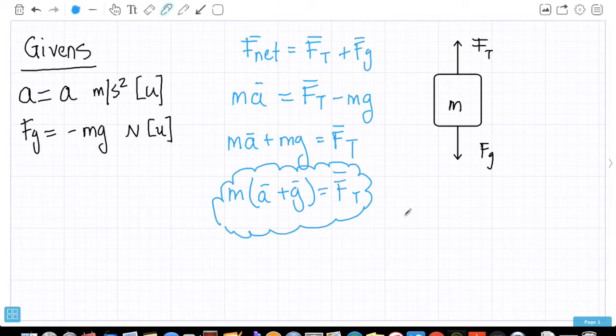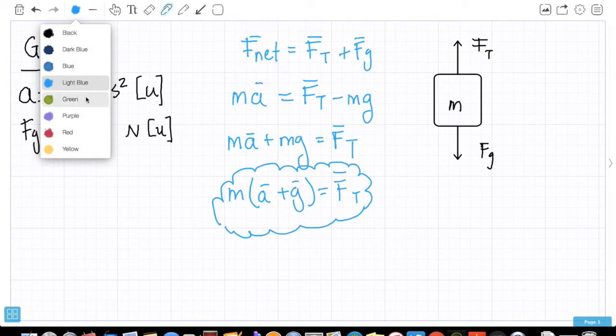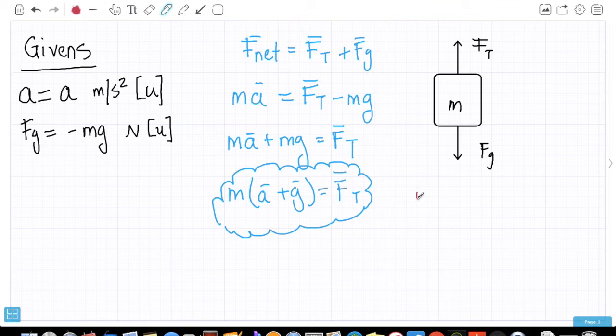Now let's see if this makes sense. Let's assume case 1. So case 1 is the elevator is either going up or down at a constant velocity. And if that is the case, then our acceleration is 0. If our acceleration is 0, that means that these two forces must be equal to each other.